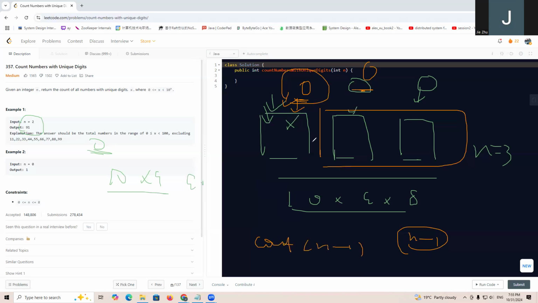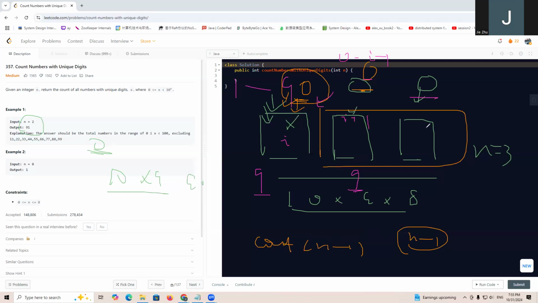Then we can consider the first digit, which we choose from 1 to 9, so there are 9 choices. For the second digit, we choose something different; for example, if the first is i, we can choose 0 to i minus 1 and i plus 1 to 9, so there are also 9 choices.